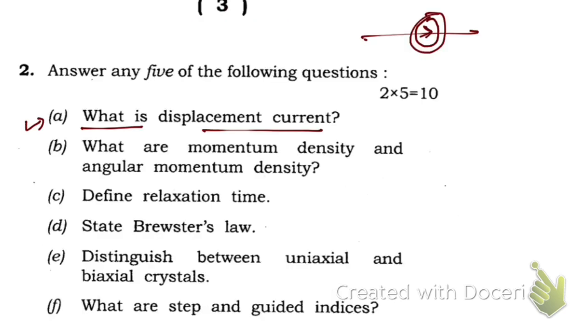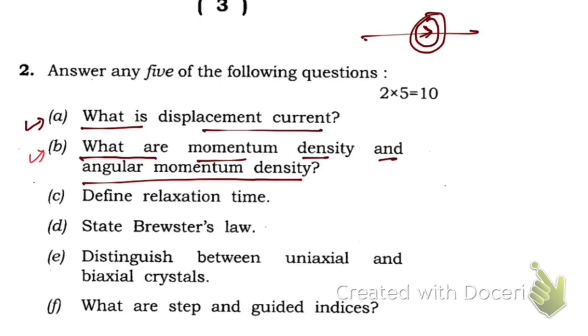Okay, so next question is, what are momentum density and angular momentum density? So now let me answer this question 2B. Here you see, the momentum density is given by the Poynting vector S divided by c square. c is the velocity of light in vacuum, you know that, right?